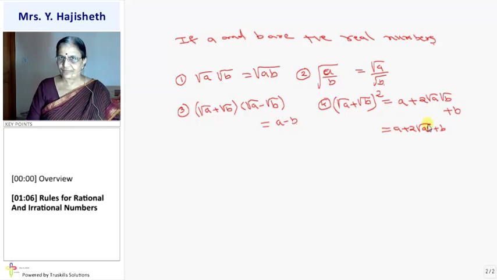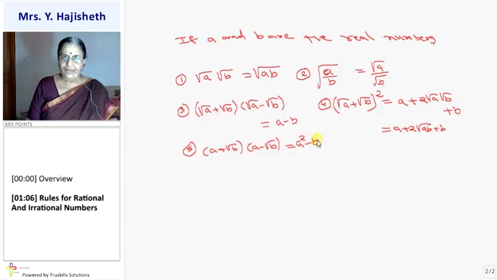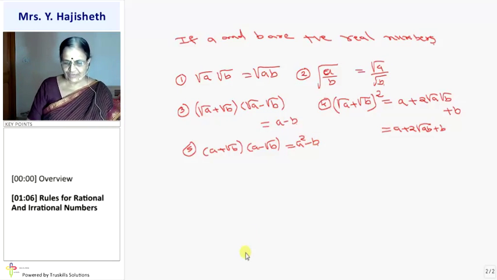And fifth, A plus root B into A minus root B will be A square minus B. These are the rules for square roots of any positive real number.